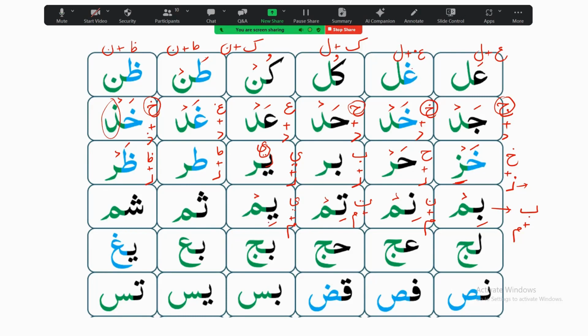Ya and meme, yim. Sa letter and meme letter, or let's put a dhamma here. Thum, thum. Sa and meme, thum. Sheen and meme. Let's place this symbol. Shim, shim.